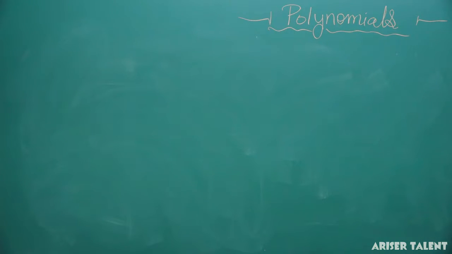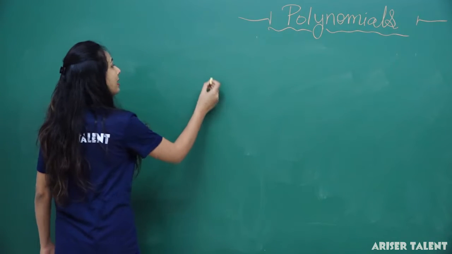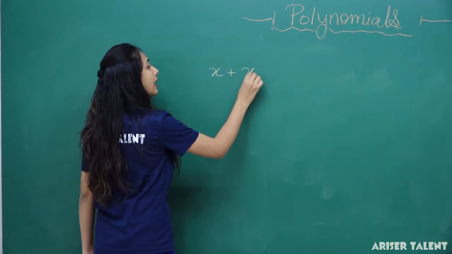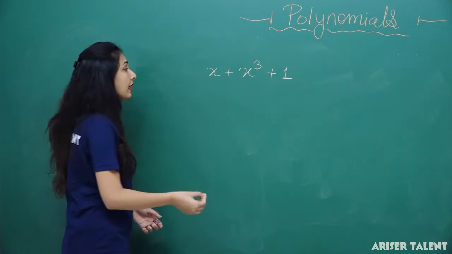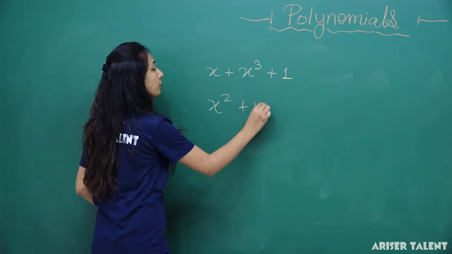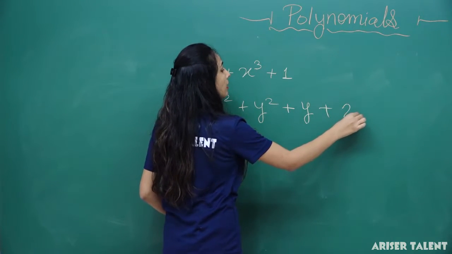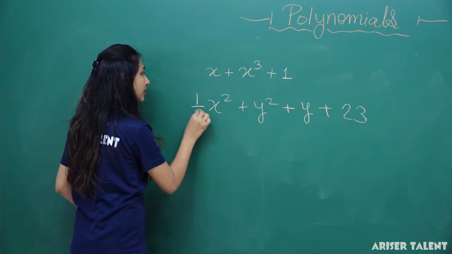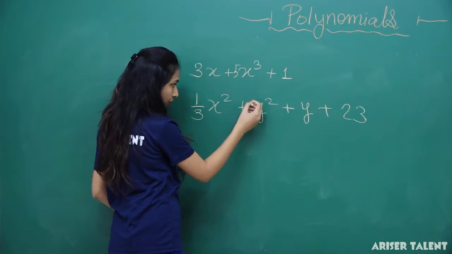Now I'll be discussing one more category, like if I write x plus x cube plus 1, and I can write x square plus y square plus y plus 23, and I'll write 1 by 3 here, some numbers here.